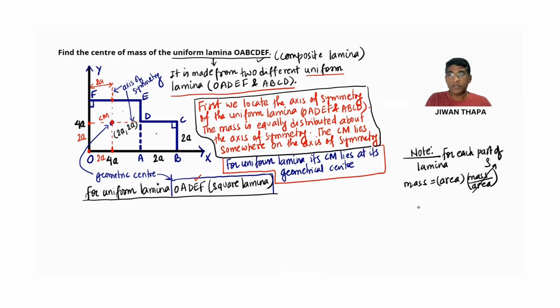Therefore, mass of each part of the lamina, m, equals area of each part of the lamina times rho. Clear? So I'm writing over here.